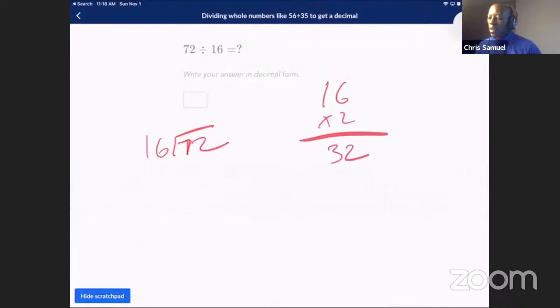If we add, we get 64. That's basically the max we can do, which is 4. So we know 16 goes into 72 4 times at least.